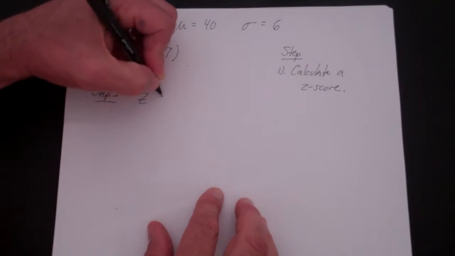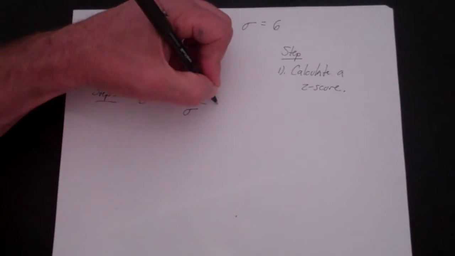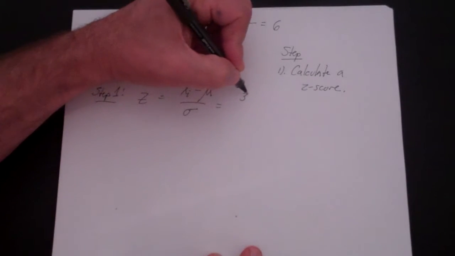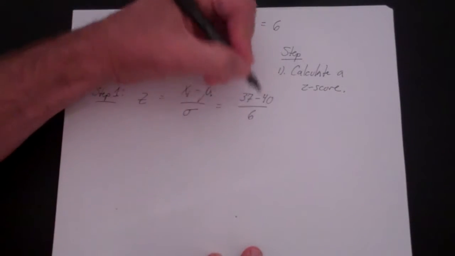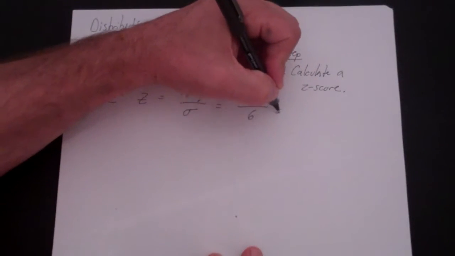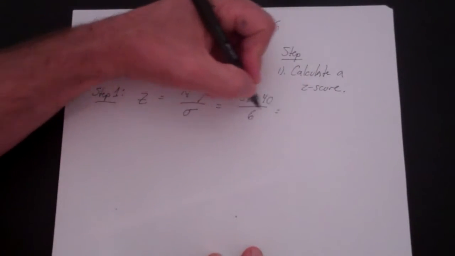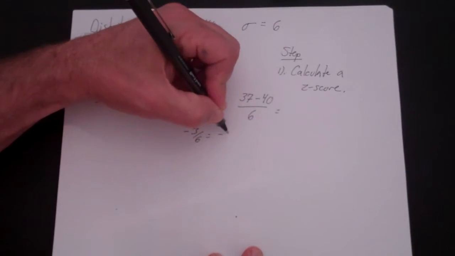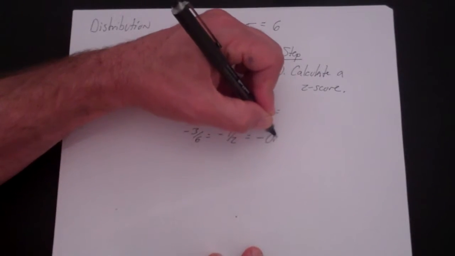The z-score will be xi minus mu over sigma. So in this case it will be 37 minus 40 over 6, that's minus 3 over 6, or minus 1/2. Let's put that in decimal, minus 0.5.